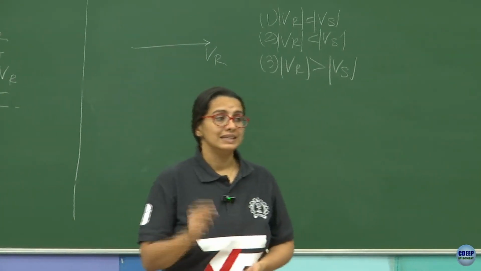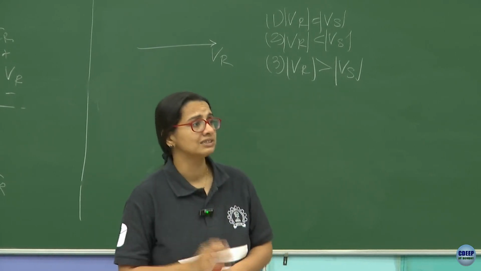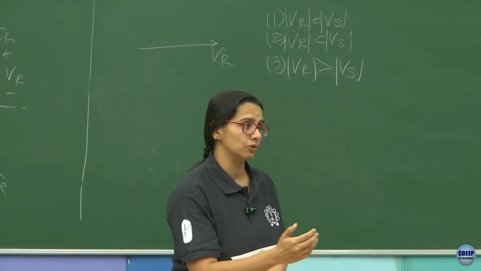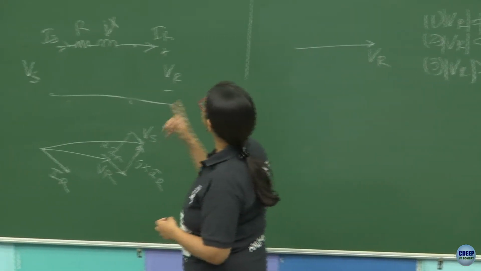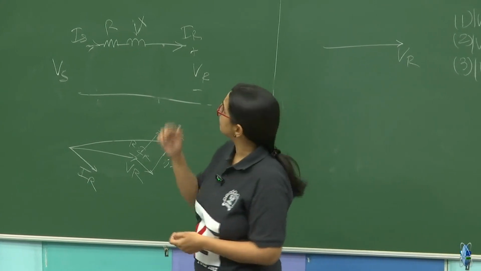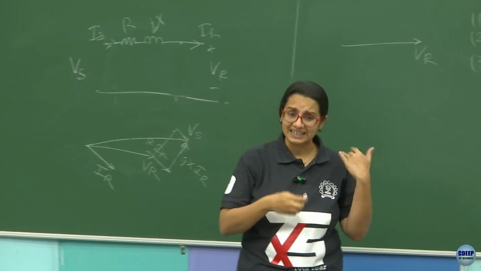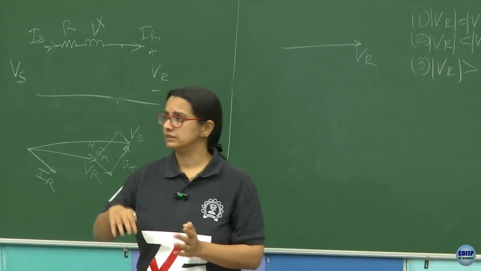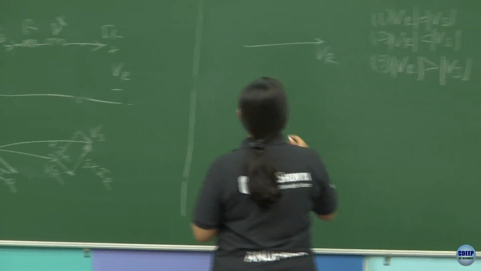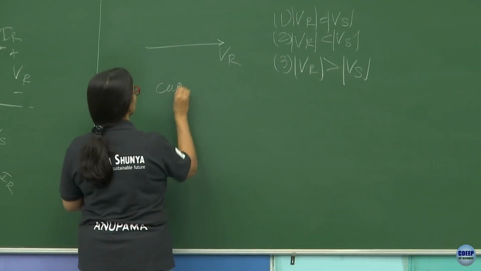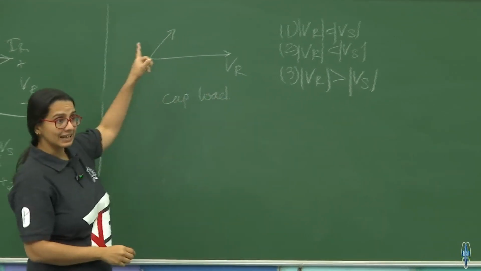But instead of an inductive or unity power factor load, if I was supplying a capacitive load, now things get interesting. There's a possibility that I could in fact have my sending end lesser than my receiving end. Okay, all right. I'm talking of a capacitive load, so this is the nature of the current I have.